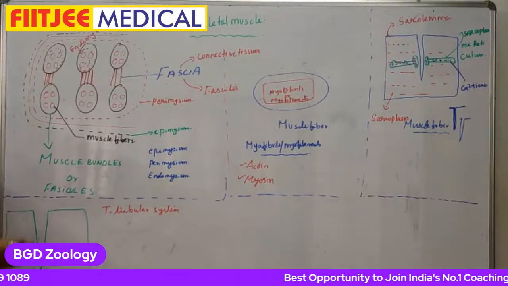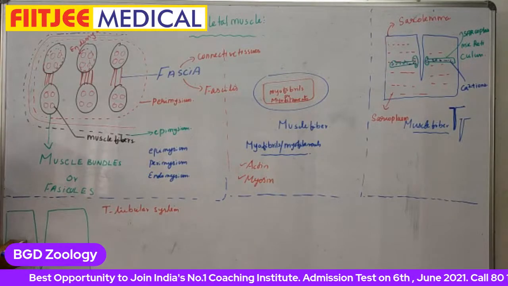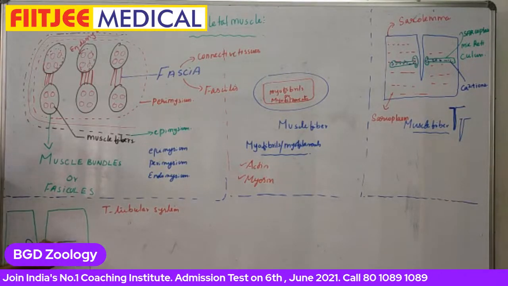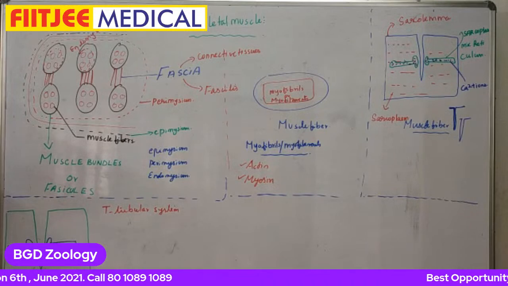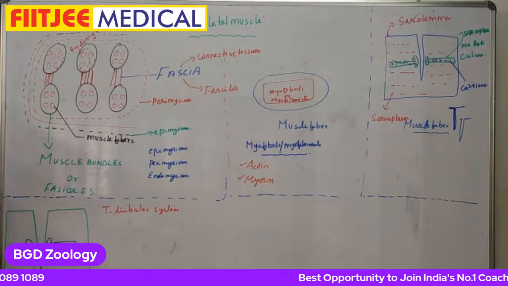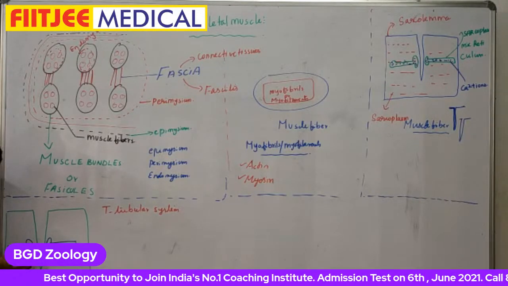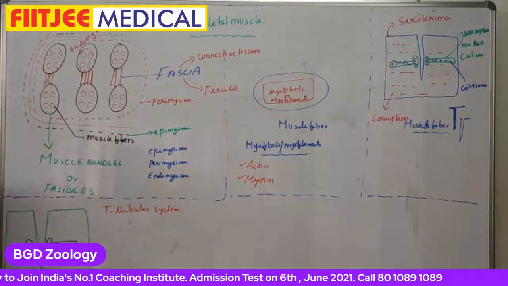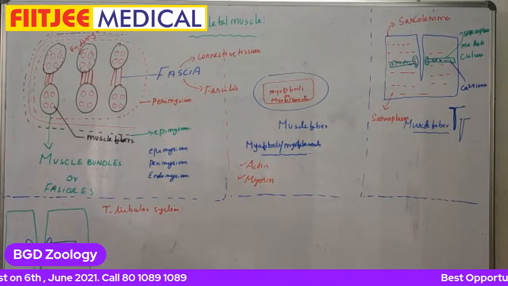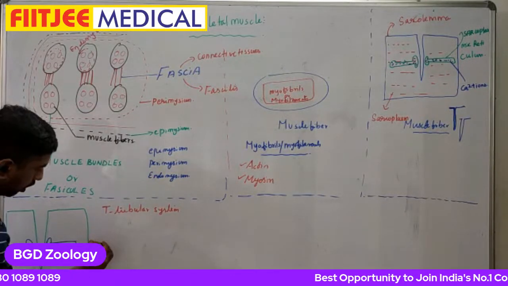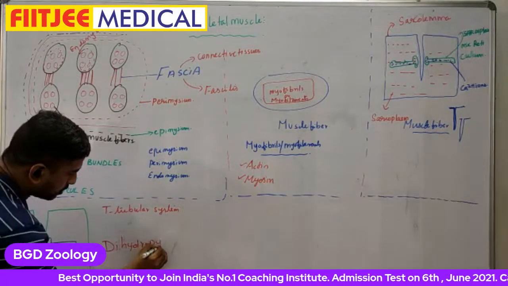In this T tubular system, in this invagination part, as I already explained, there is a sarcoplasmic reticulum, right? And if you look at this T tubular invagination, you can observe many other things. In this region you can observe a receptor, and we call it the dihydropyridine receptor.